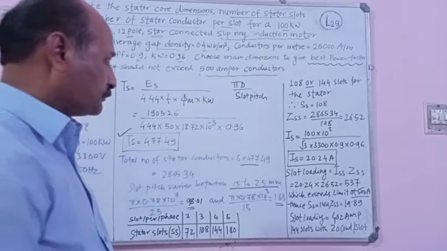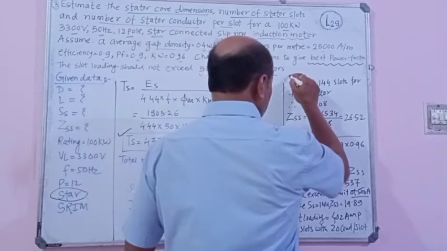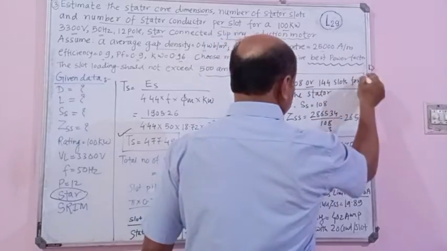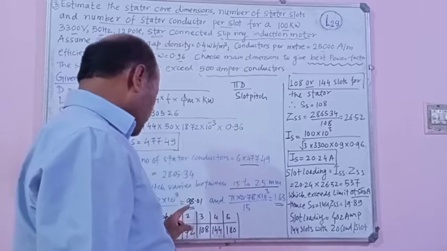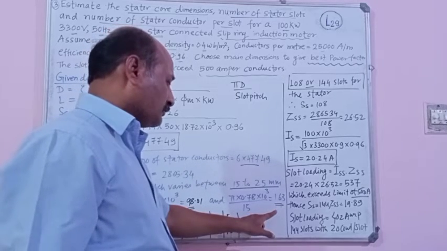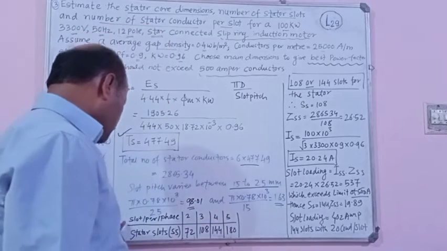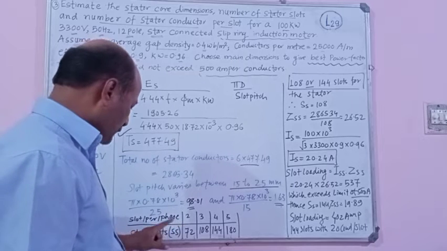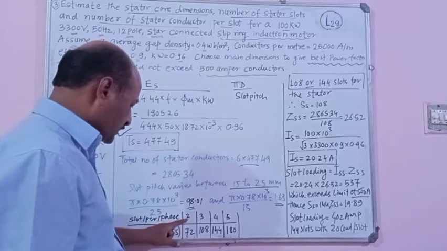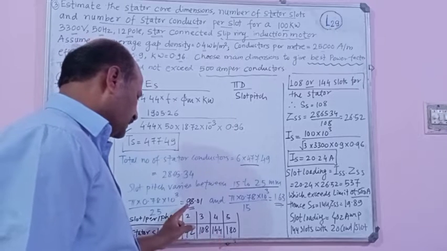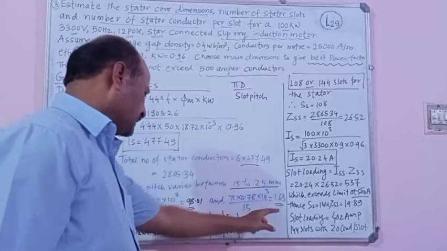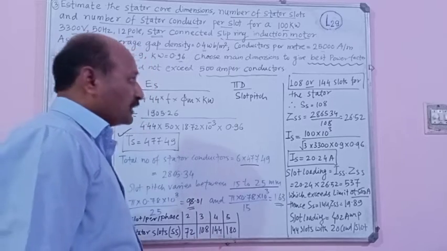So what does it mean? In between the 98 to 163, if you choose the number of slots per pole per phase equals 2, 3, 4, 5, you will get these two values, 108 or 144.